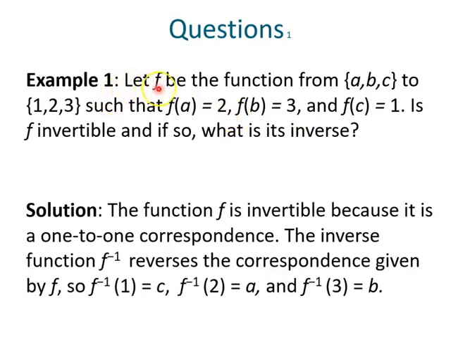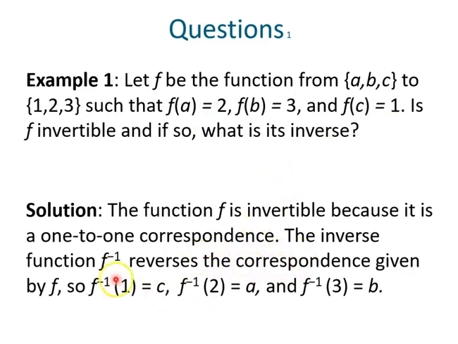In this example, f is the function from {a, b, c} to {1, 2, 3}, defined explicitly with these equations. Is f invertible, and if so, what is its inverse? It is clear that f is one-to-one and onto, so it is invertible.